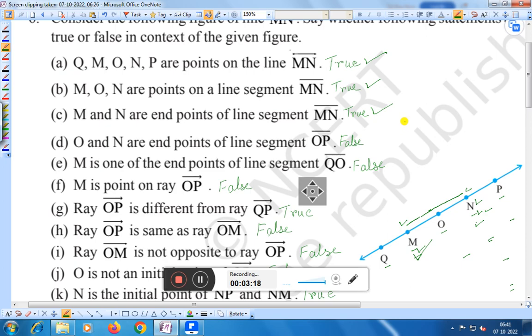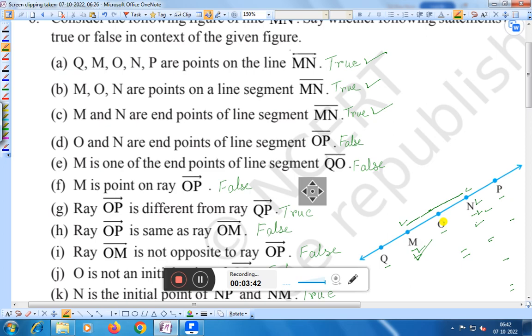That is also true. Now question number D. O and N are endpoints of line segment OP. Here you see ON means this line.